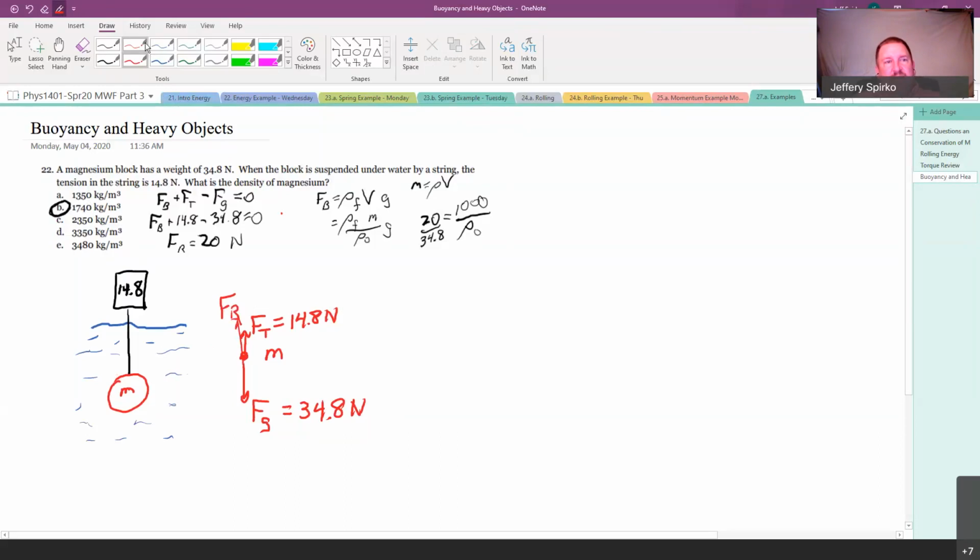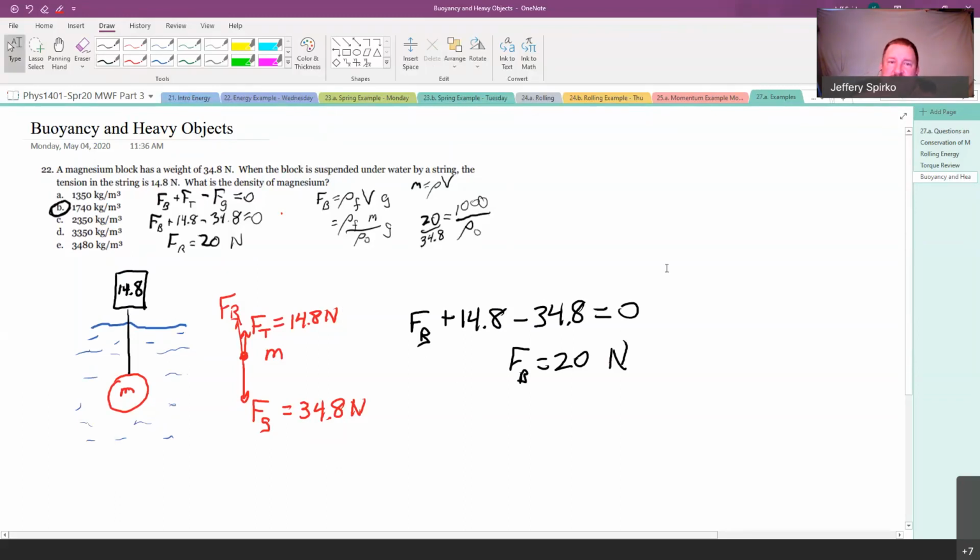So that's how I got this equation that says the force of buoyancy plus 14.8 minus 34.8 is equal to 0. The buoyant force is up, so it's positive. The tension force is up, so it's positive. And the gravity force is down, so it's negative. So that tells me that the force of buoyancy is equal to 20 newtons.